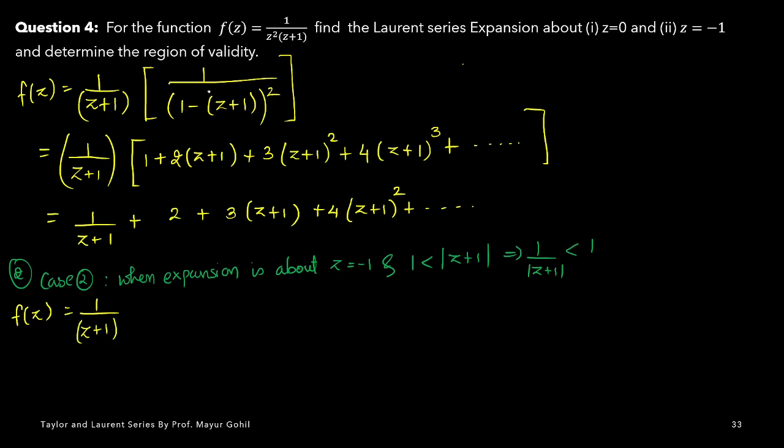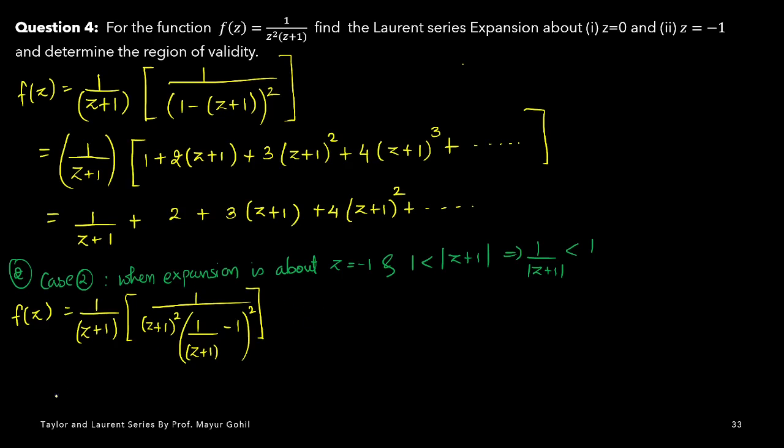But from the squared terms, we will need to take z plus 1 common. So the moment I take z plus 1 common from this bracket, it will become a square, and here I will be left with z plus 1 minus 1 the whole square. This is the kind of expansion I will get.